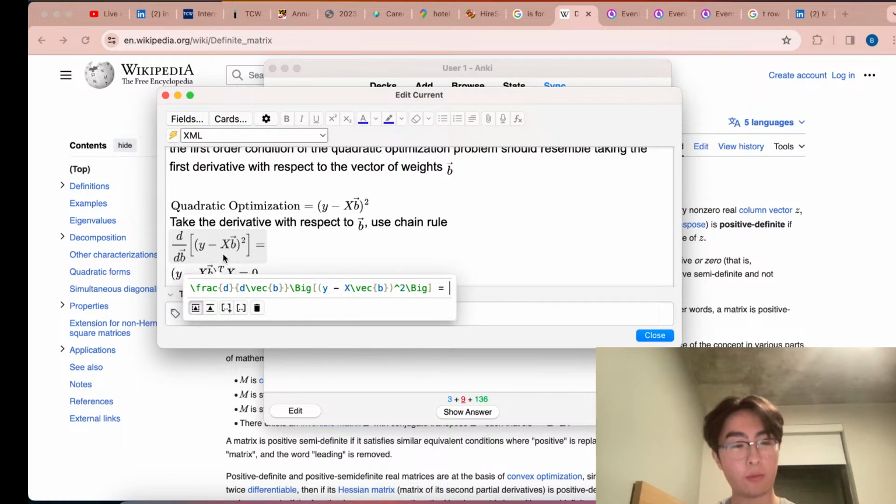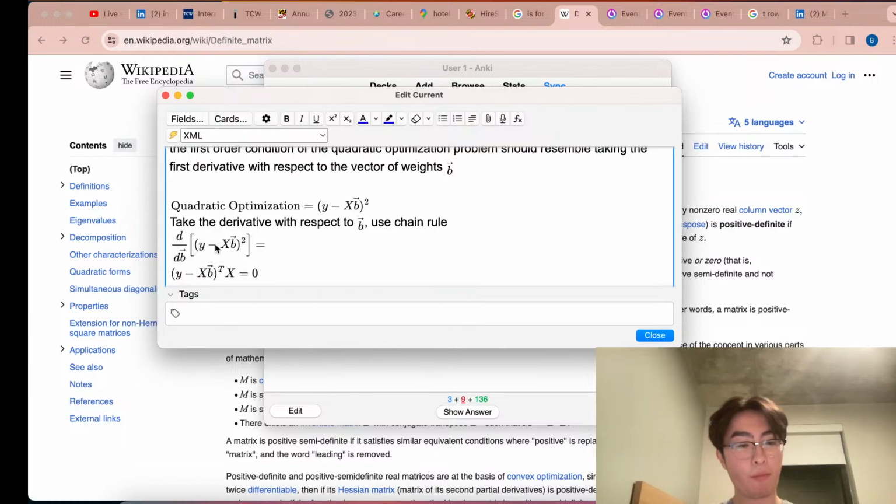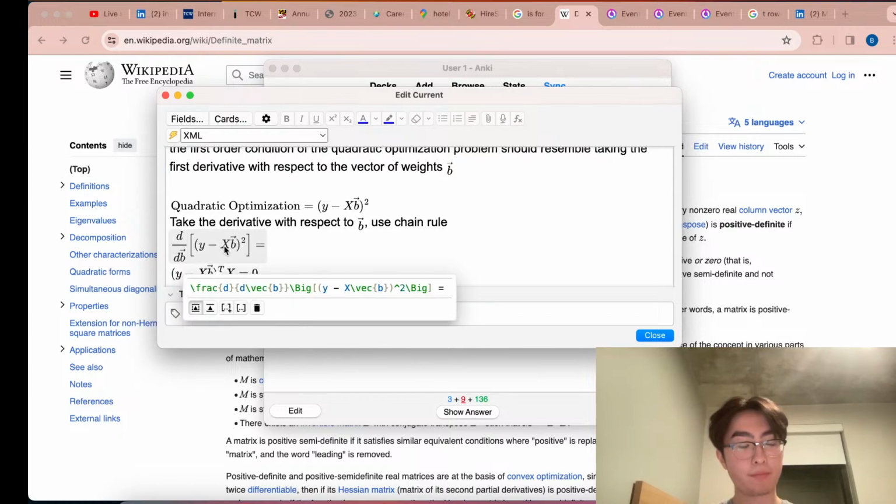So we take the derivative of y minus xb with respect to b, and that's just going to be negative x. And then we multiply that by 2 times y minus xb.